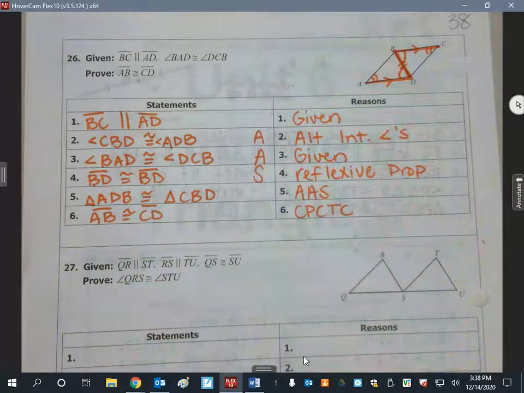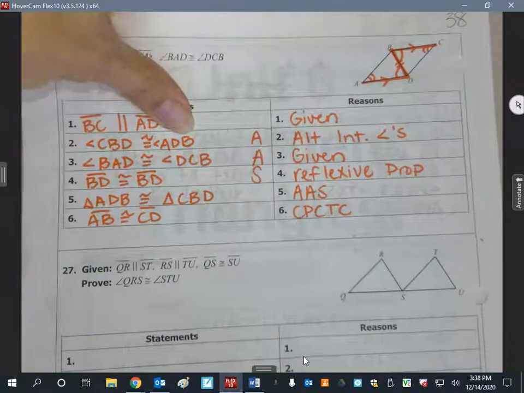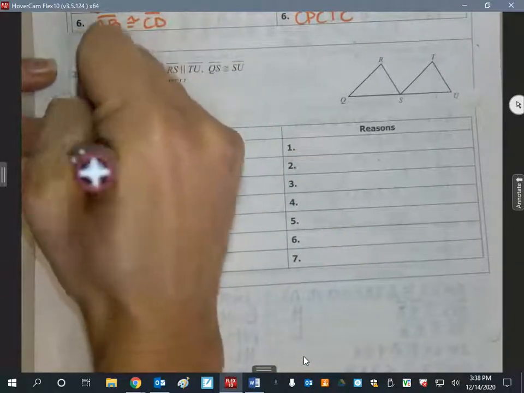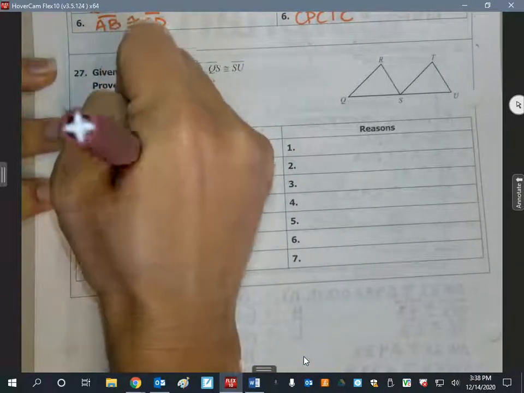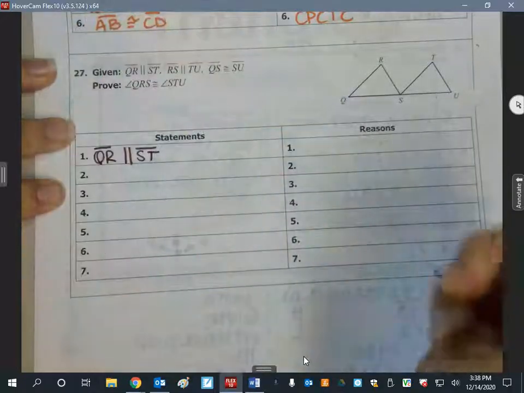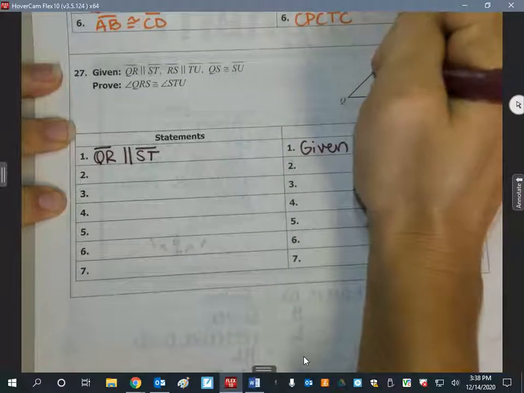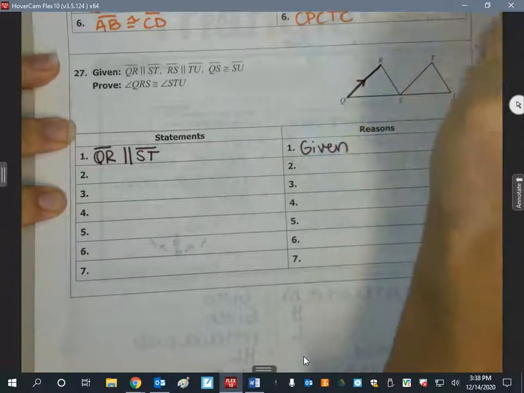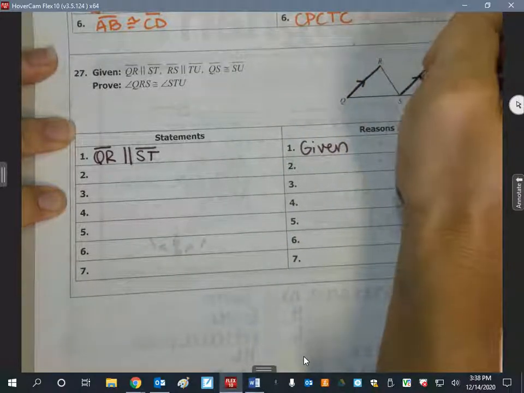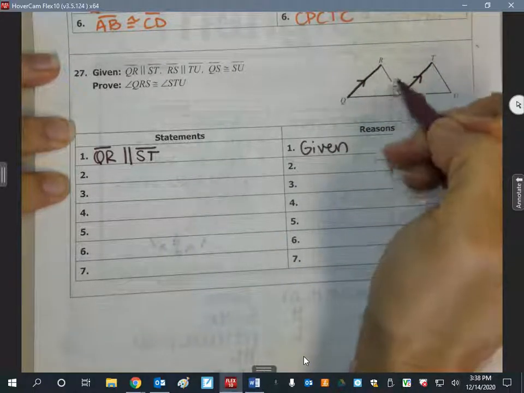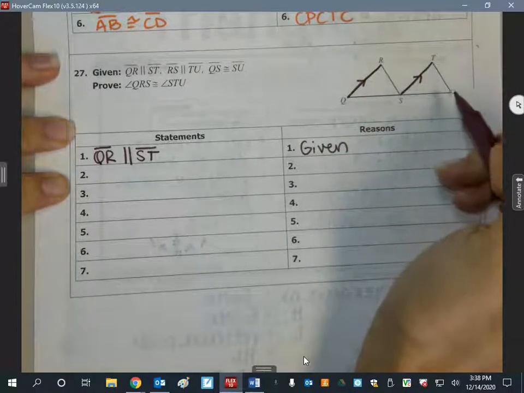Last but not least, here we go, 27. QR is parallel to ST, and that is given. QR parallel to ST. Notice how one triangle is in between the two lines, one triangle is outside of the two lines.